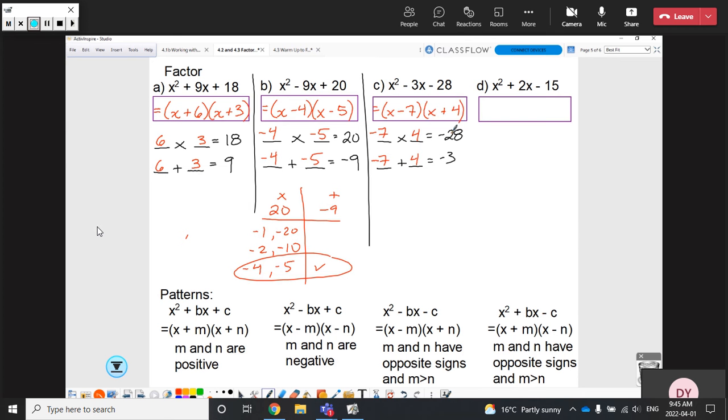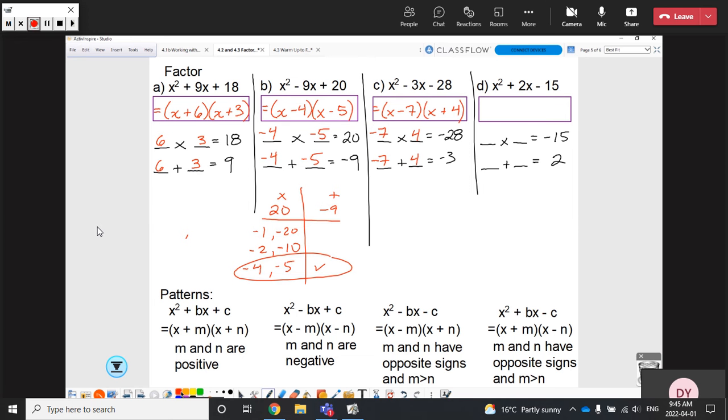Okay, great. And then the last one here, two numbers that multiply to negative 15 and the same numbers add to positive 2. That's the thing, like, we always got to consider the sign to the left of the term. Like, in this example, it was minus 28, so that means we're multiplying to a negative 28, things like that. 5 and 3 comes to my head.